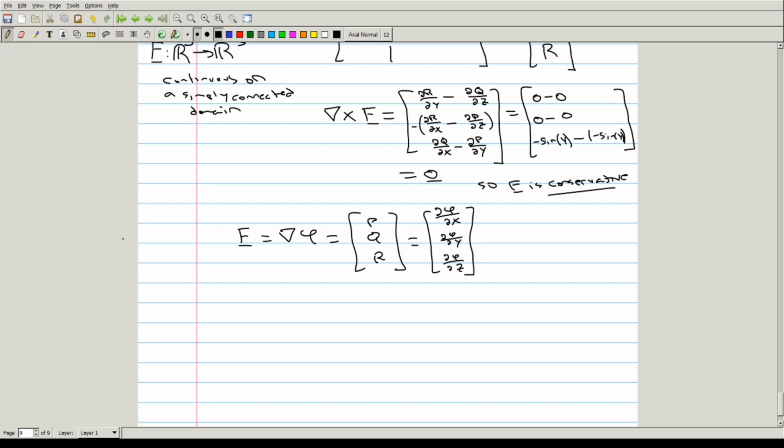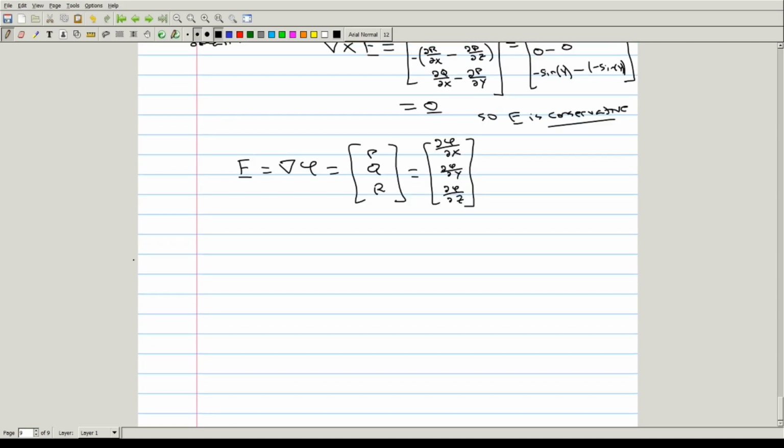So we'll go through and integrate one of these equations to try and see what happens here. What we're going to do here is just consider the integral. So we know that the indefinite integral of the partial derivative of phi with respect to x, if we integrate this with respect to x, is the same thing as the integral of the function p with respect to x. And we know that this is going to be equal to, in general, phi itself.